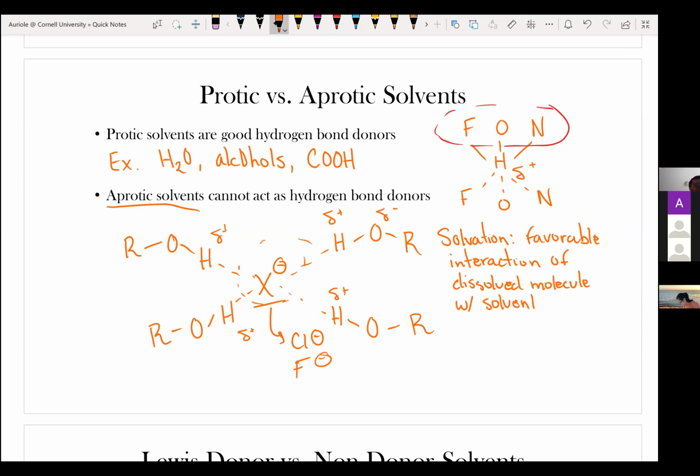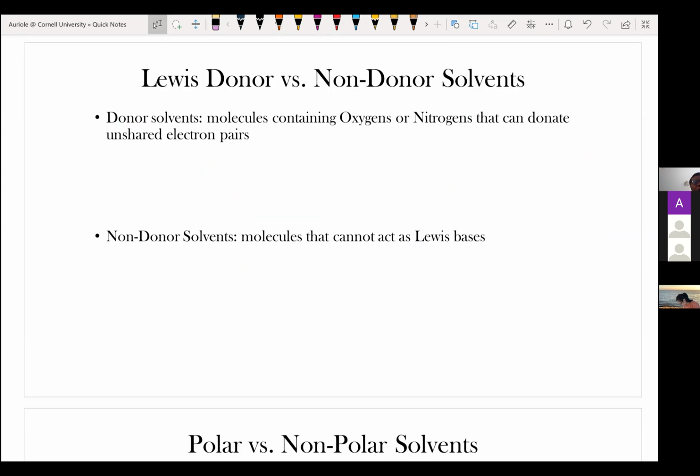Okay, so that's our first set of solvents. Our second set are the Lewis donors versus non-donors. So from this definition, right?